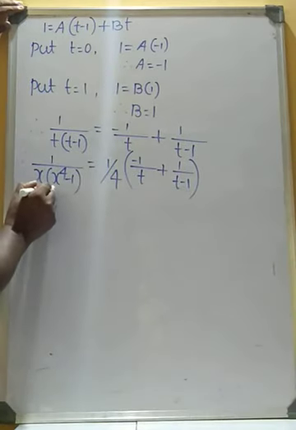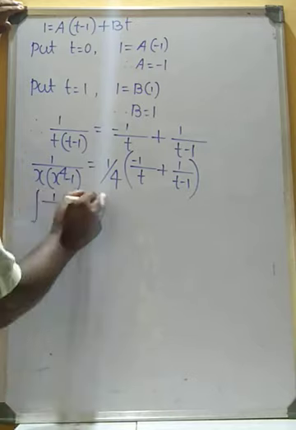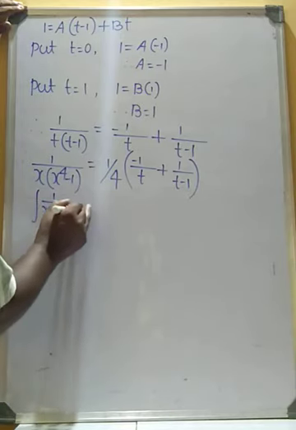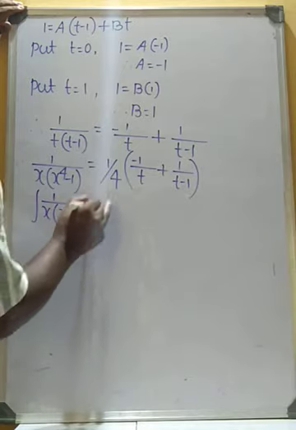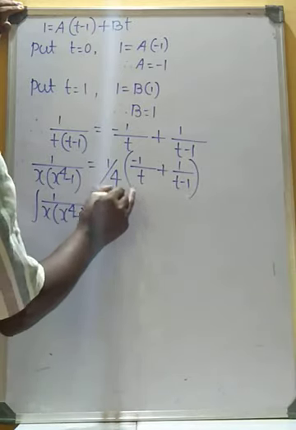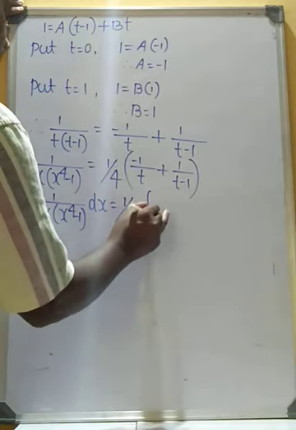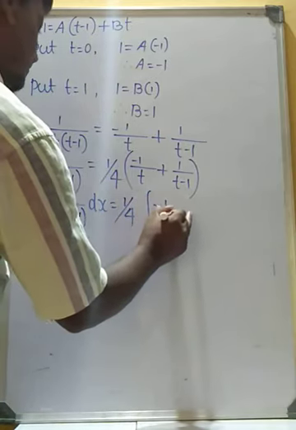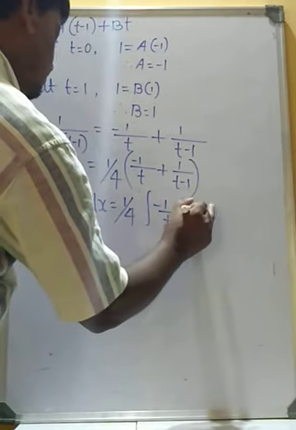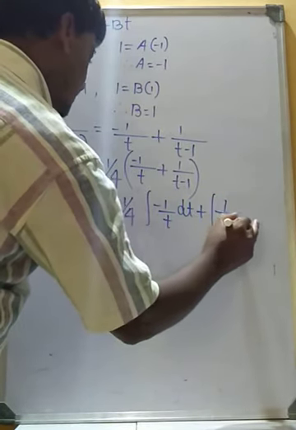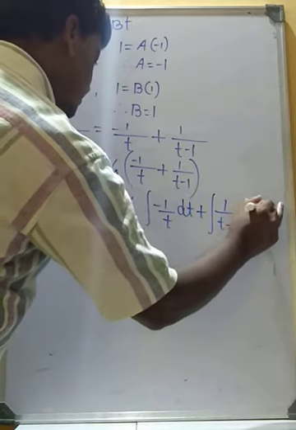Taking integration on both sides, integral of 1 divided by x into x to the power of 4 minus 1 into dx equals 1 by 4, integral of minus 1 divided by t into dt plus integral of 1 divided by t minus 1 into dt.